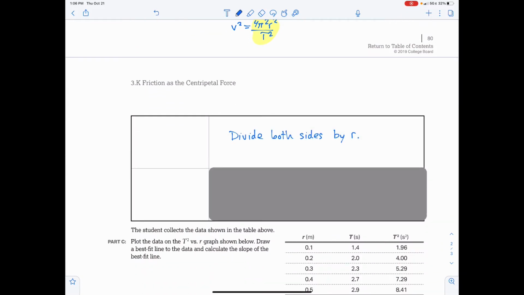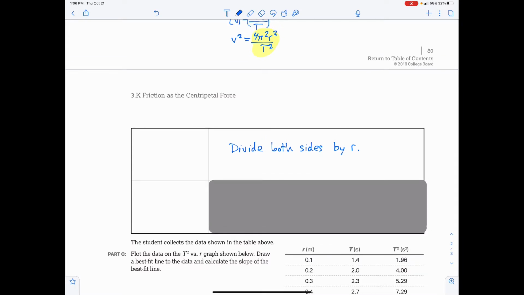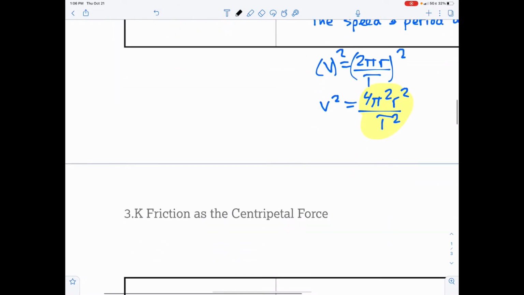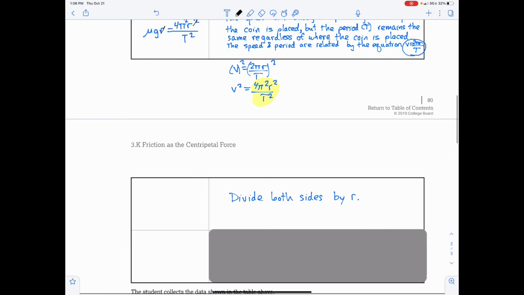Divide both sides by r. What that basically means is one factor of r is going to cancel on both sides. And now the equation looks like mu g equals 4 pi squared r over T squared.